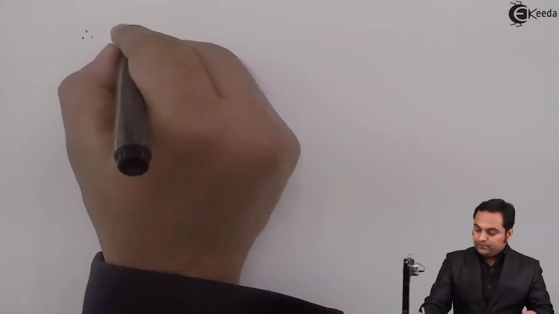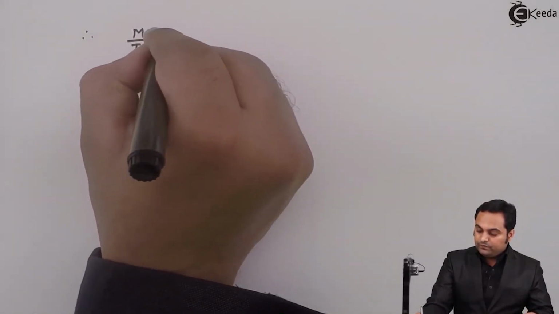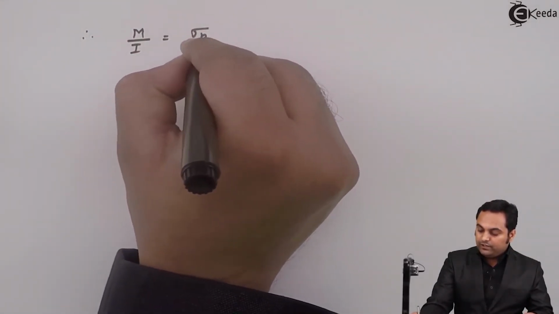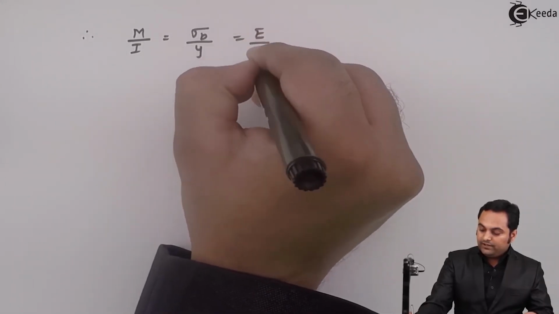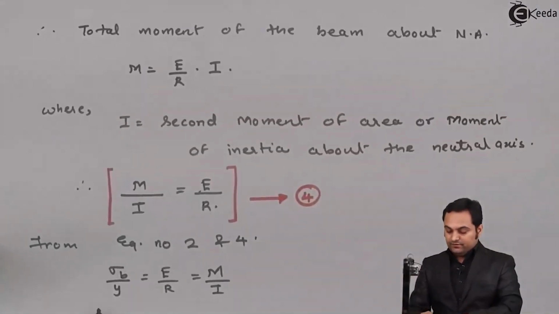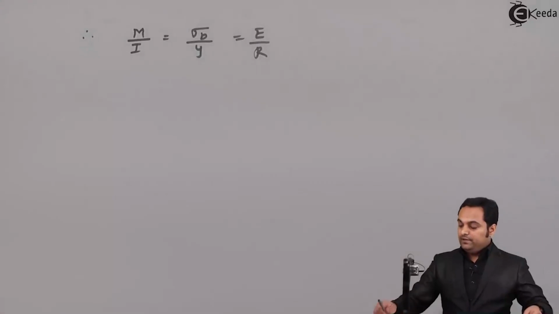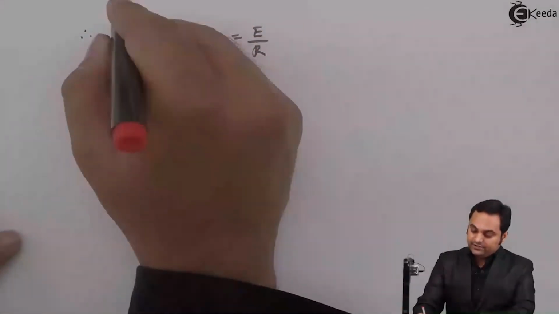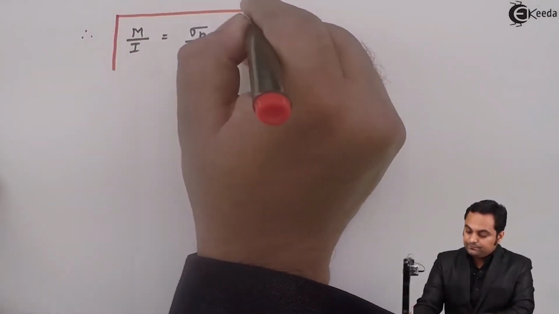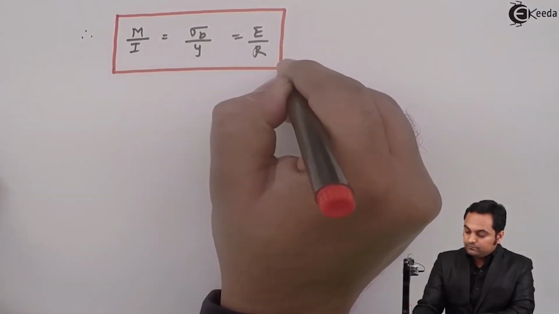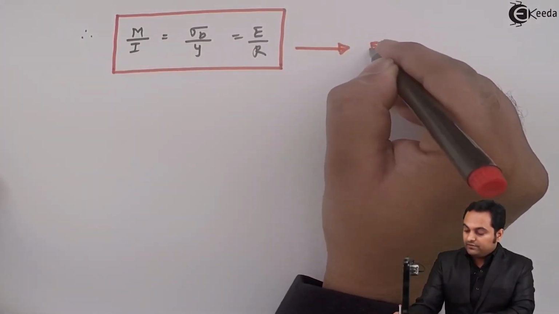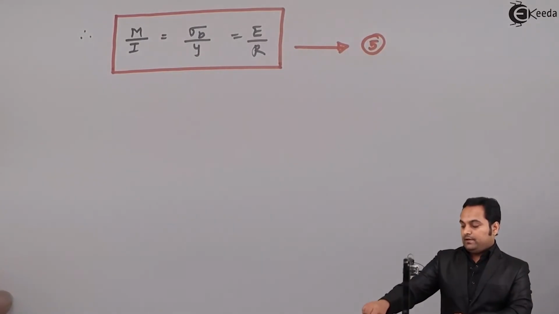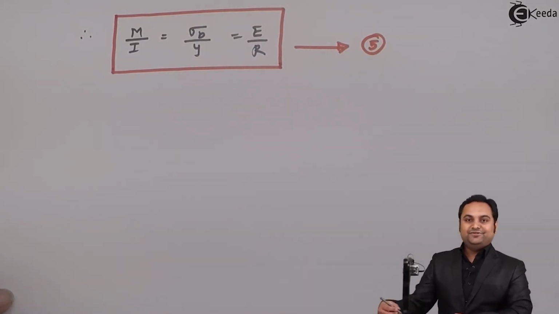Therefore M upon I is equal to sigma b upon y is equal to E by R. I have written it in this form, and this equation which I am getting here, I will keep this as equation number 5, and this is nothing but the flexural equation.